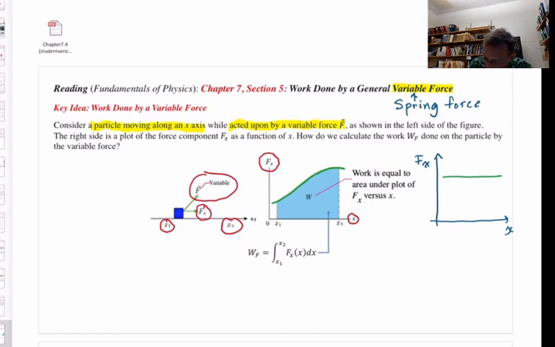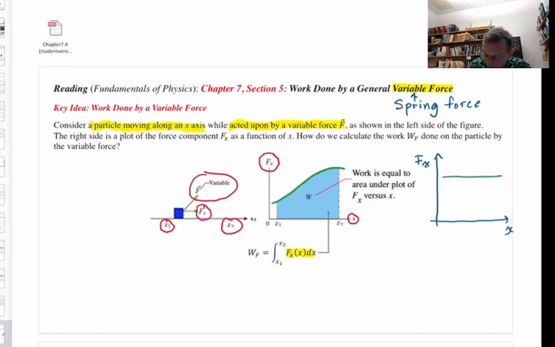So what this part here inside the integral symbol is doing is saying, imagine breaking up the x-axis between x1 and x2 into an infinite number of infinitesimally narrow rectangles, each of width dx, and height F sub x. And you multiply width by height, you're taking the area of one of these little rectangles.